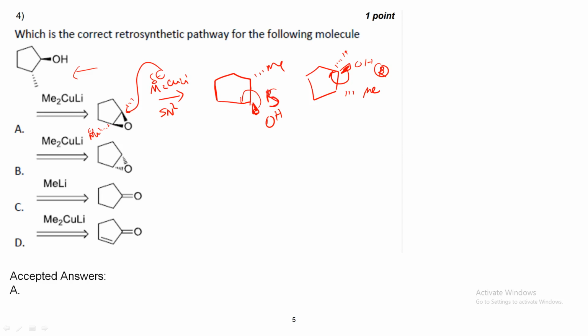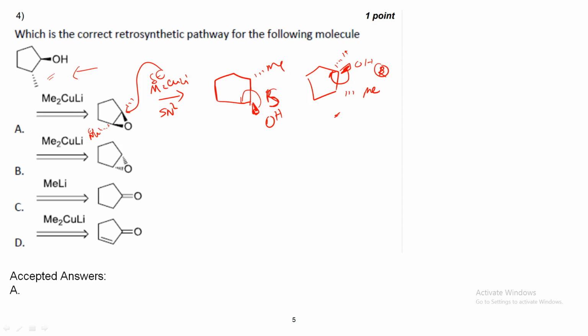So that's how things should be, and you can see you generate two enantiomers actually. One of the enantiomers you would be generating is this one, and it is actually matching with this.